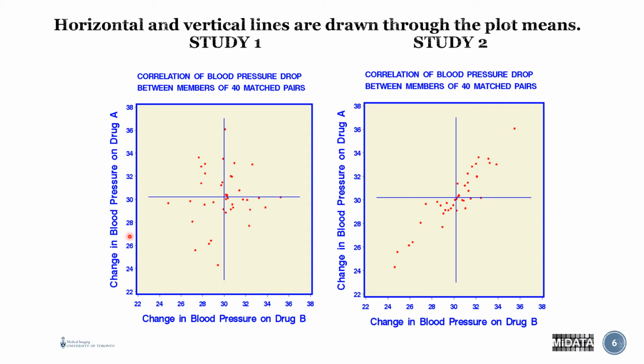To make it easier, we are drawing horizontal and vertical lines through the plot means, so just through the mean change in blood pressure on drug B and the mean change in blood pressure on drug A. This cross is what these lines represent.